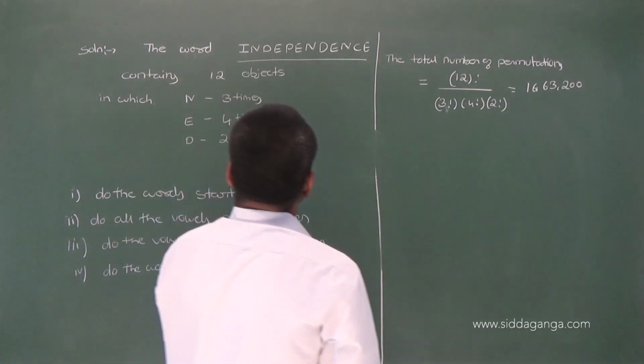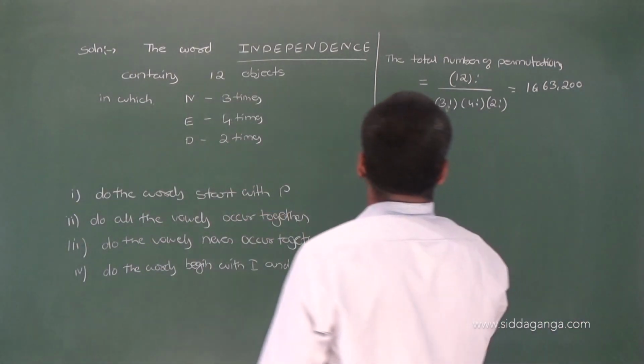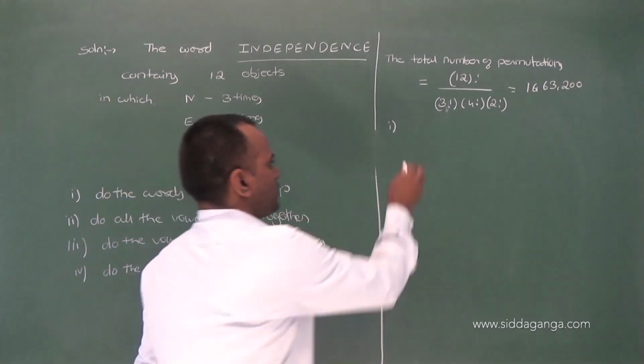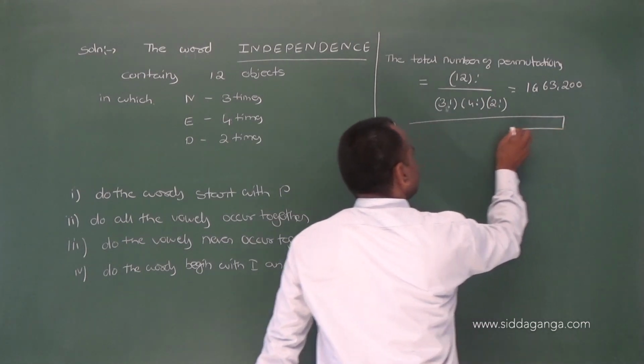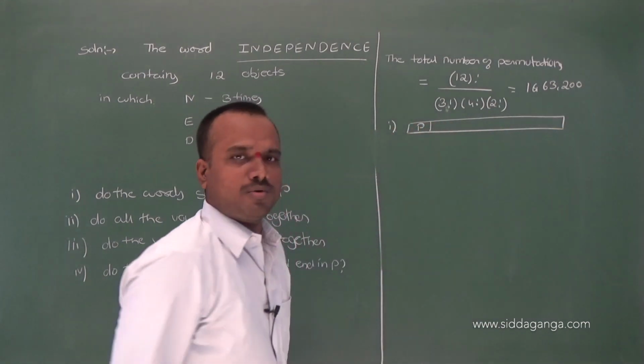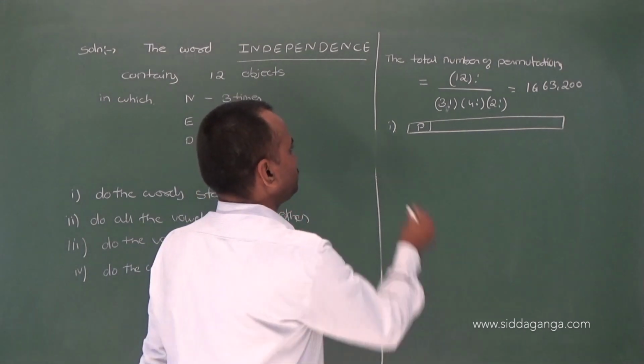Do the words start with P? In the first place, P is fixed. The total number of objects is now 11.